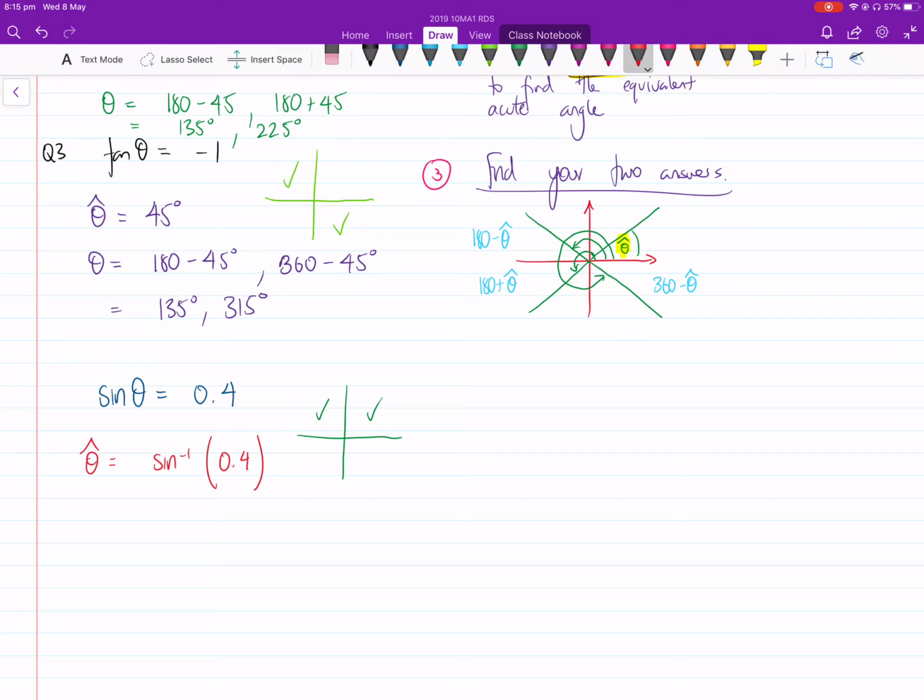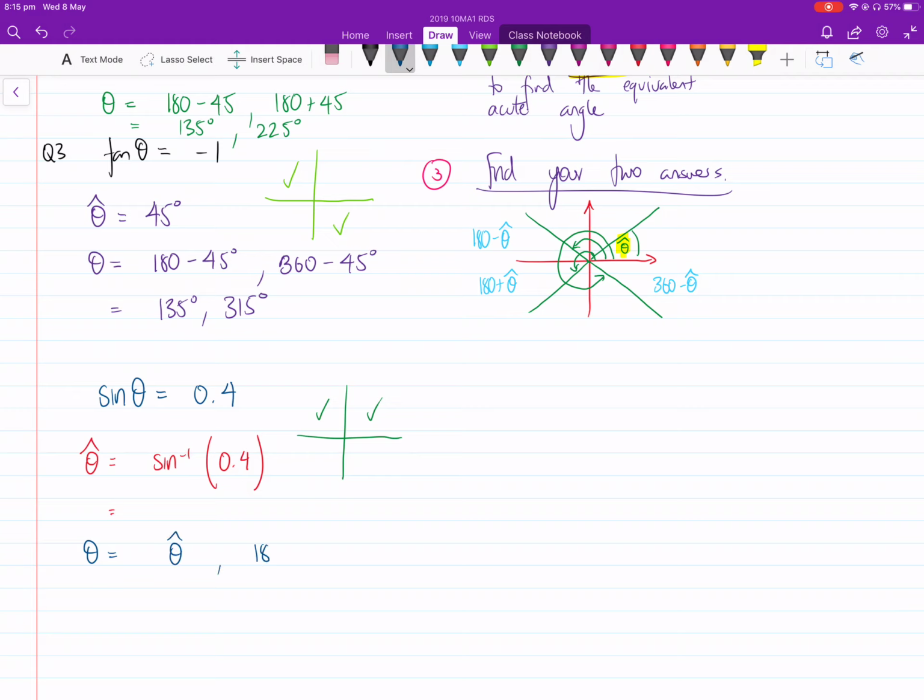Now, when you're using your calculators to find these out, we're using degrees. So please make sure your calculator is in degrees. When you work that out, which I'll have to in a second, you're just going to get some hideous number. But the working is still the same. When you end up finding your answer, you still need to move around the quadrants. Now I need the first and second quadrant, which means it's really just going to be theta hat here, because that's the first quadrant.